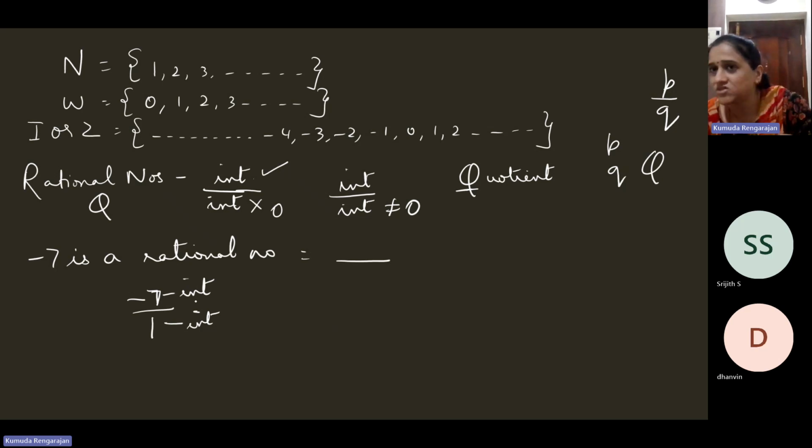It's the negative of the natural number 7. 7 is a natural number, and its negative is -7. So natural numbers and their negatives, including 0, form integers. Yes, -7 is an integer. And what about 1? It's a natural number, so it's an integer. And integer by integer is a rational number. So true.